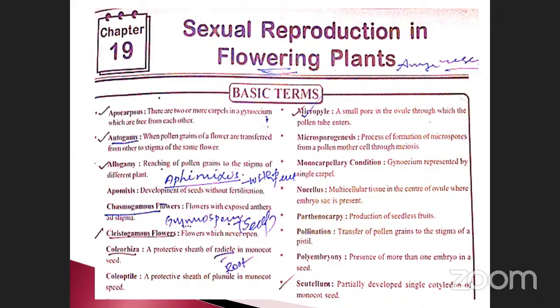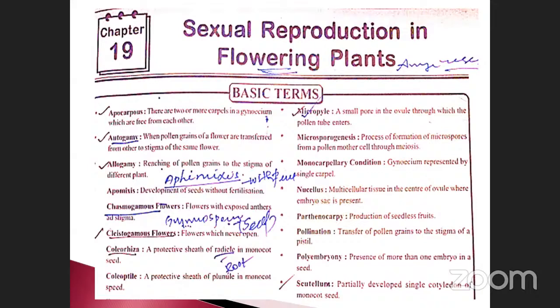And apomixis, you already know very well. What is apomixis? Last class we saw it. Apomixis is the development of seed without fertilization. Yeah, very good. So what is meant by parthenogenesis?